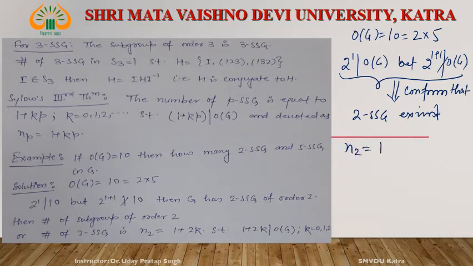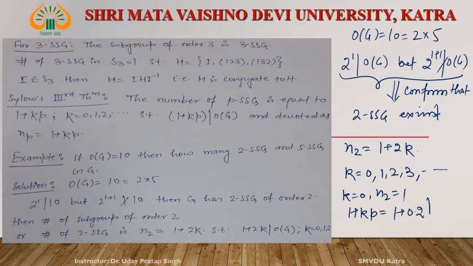Then how many 2 SSG? Say n2 is equal to 1 plus 2k. What is k? K is equal to 0, 1, 2, 3. Say if k is equal to 0, then n2 is 1. This divides order of G. Yes, true, because the theorem says that 1 plus kp must divide this.